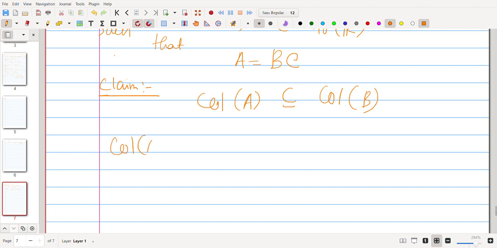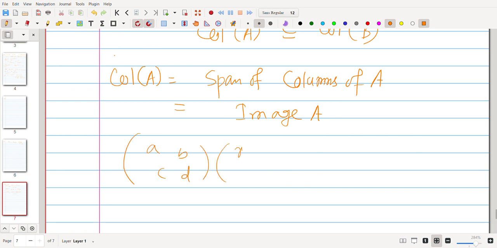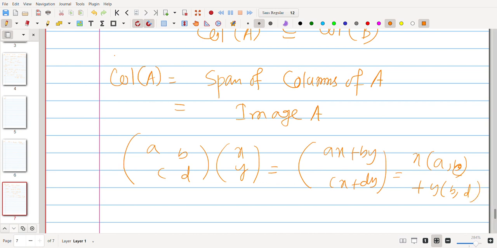So the column space of any matrix is basically the span of the columns of A, which is the same as the image of A. Why is this true? If you take, say, a 2 by 2 matrix as an easy example, then you will have Ax plus By, Cx plus Dy, which is the same as x times (A, C) plus y times (B, D).